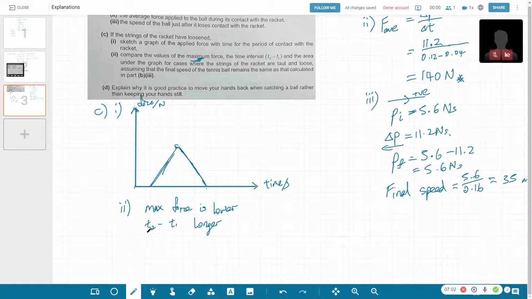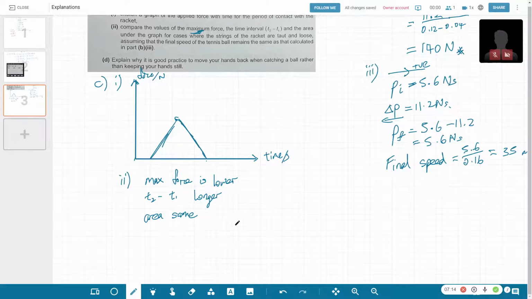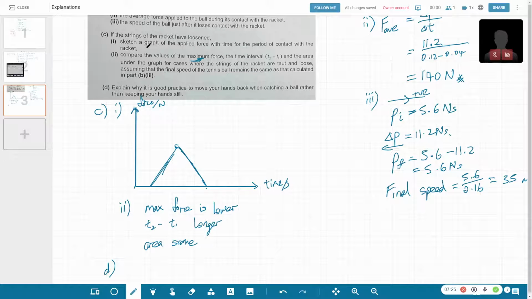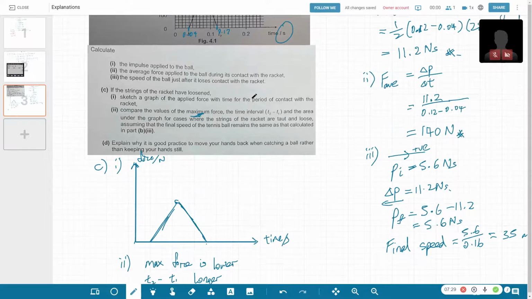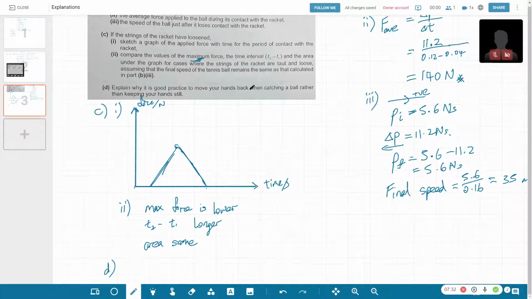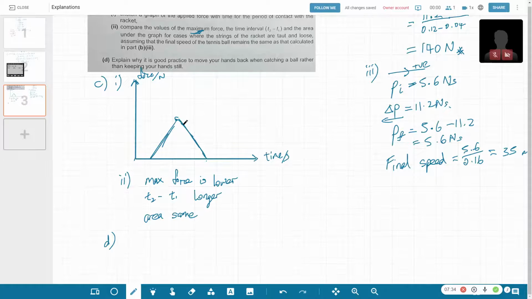That means the area will be the same because the impulse is the same. For C part one, I'm not very sure whether this is correct. The question just says sketch, but it doesn't give much more detail on what is needed. So it should be generally the same.